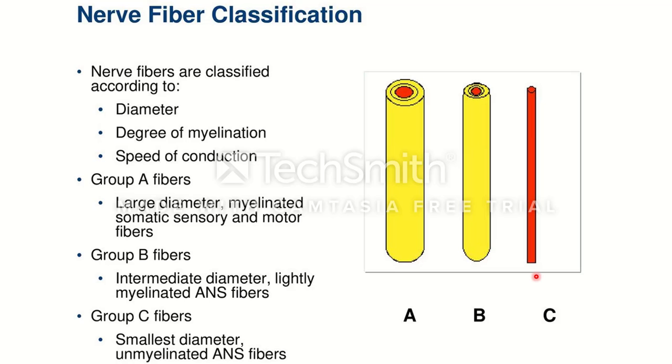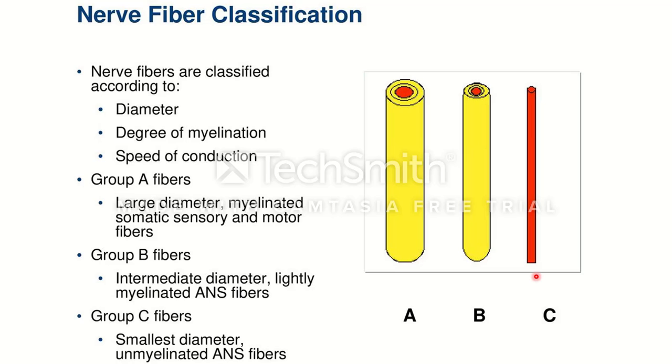As you will see in future, the velocity or speed of electrical impulse conduction along the axon depends on the myelin sheath.